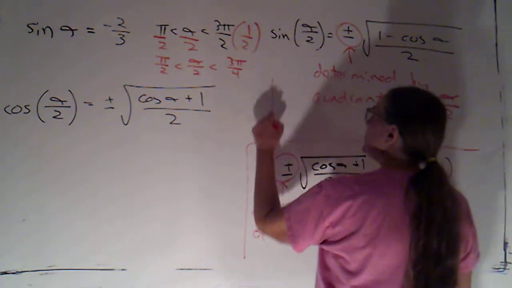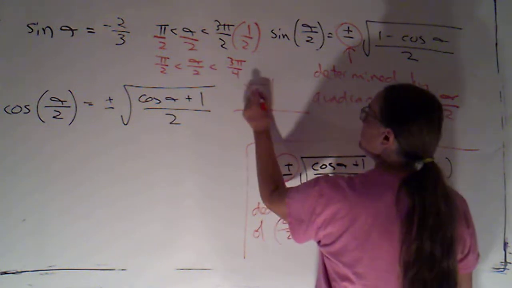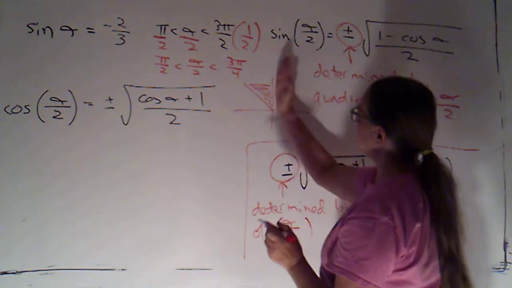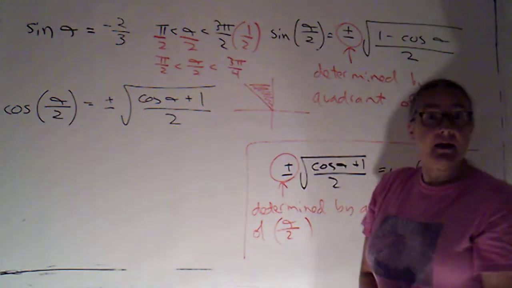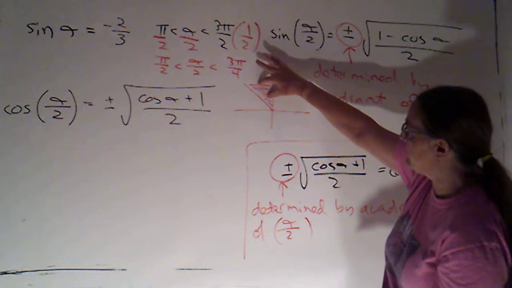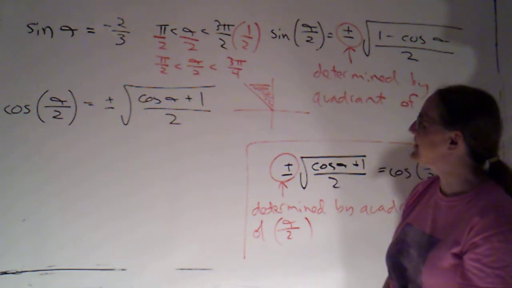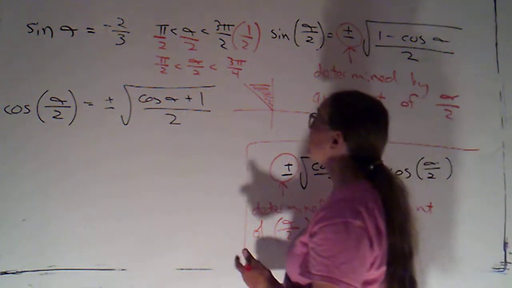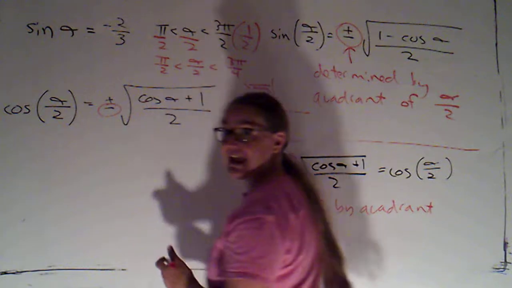Well, what that does is that puts me in quadrant 2. This would be pi over 2. This would be 3 pi over 4. So not only am I in quadrant 2, I'm actually in the first half of it that I would hit if I were rotating through it. So, because we're in quadrant 2, I'm going to say that cosine is negative.